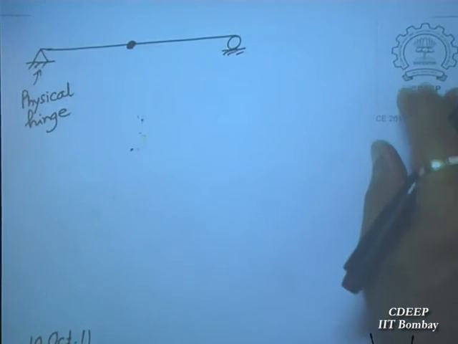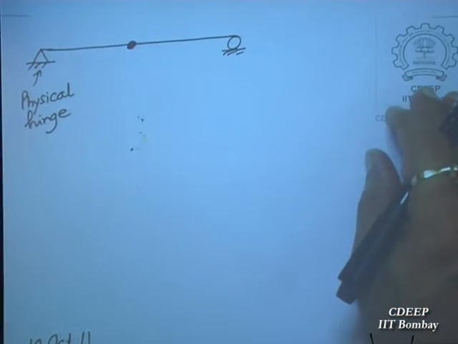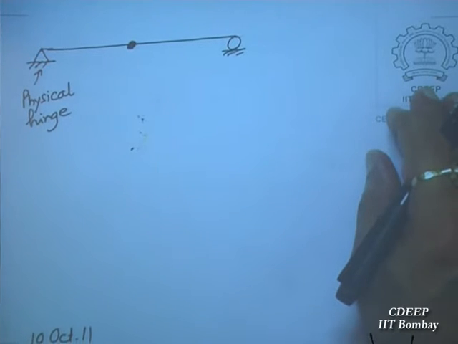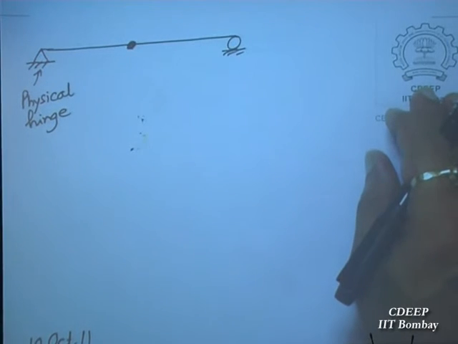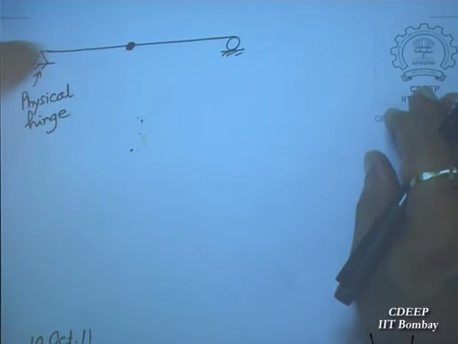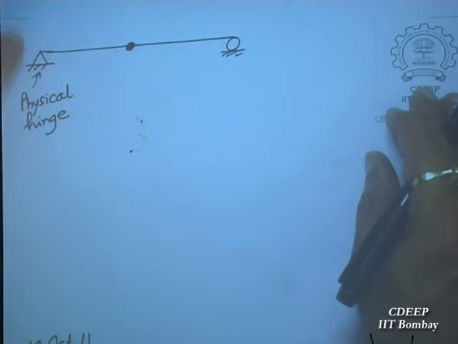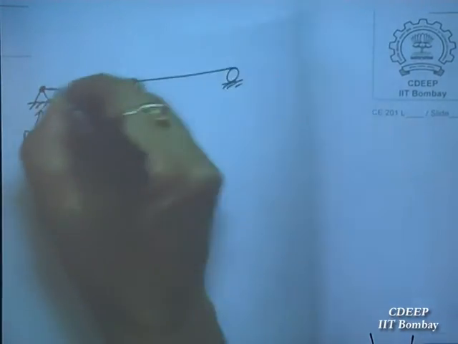Hinge means what? You drill a hole in the plate, put a nut and bolt. It can rotate like this, free. No movement, only x displacement is 0, z displacement is 0. Hinge means at this point it cannot move in x direction, cannot move in z direction.